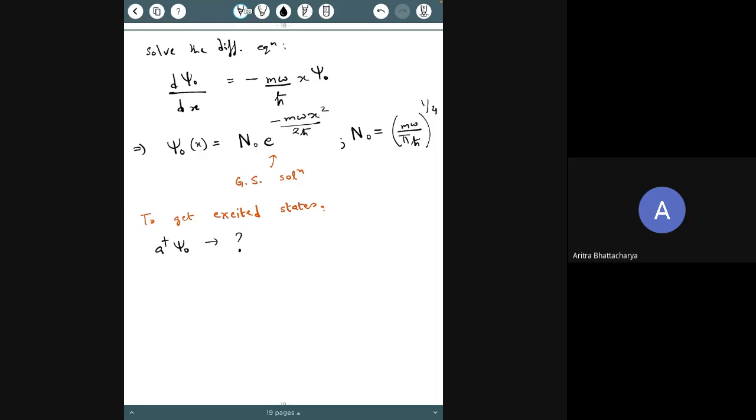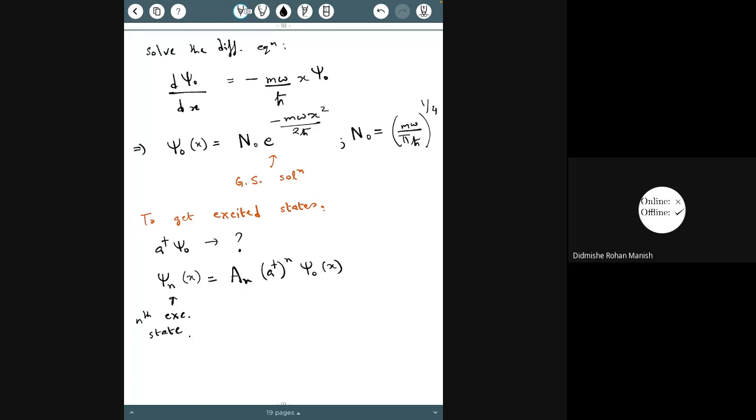So if we want to go up n energy levels, we need to apply A dagger n times. So I can say that the nth excited state has some normalization constant, and I apply A dagger n times on psi 0.